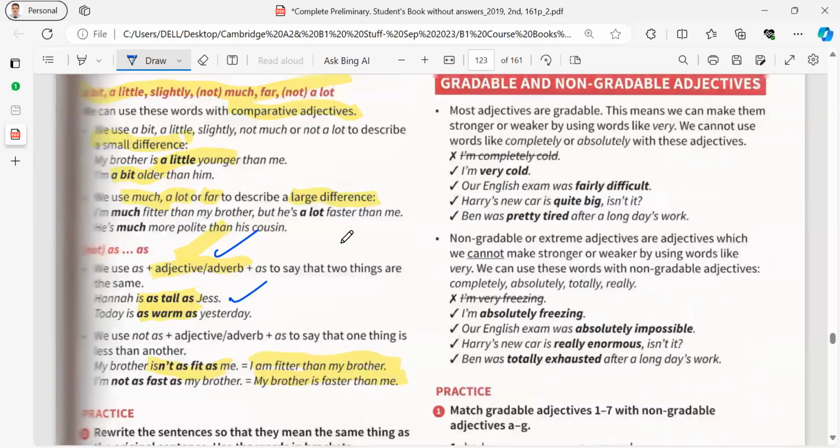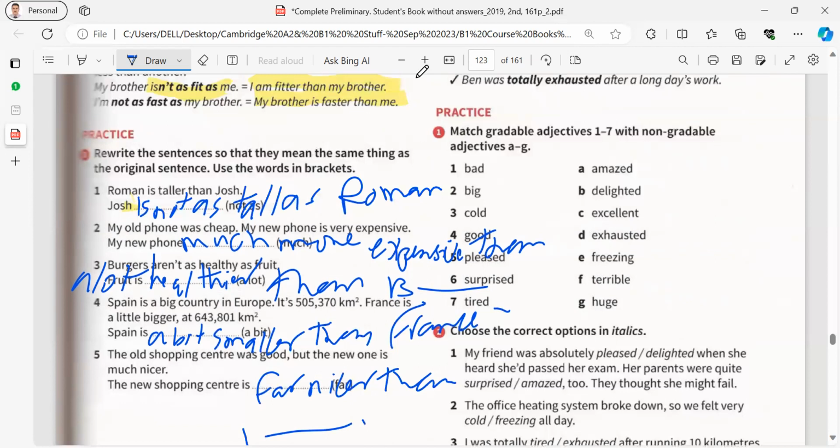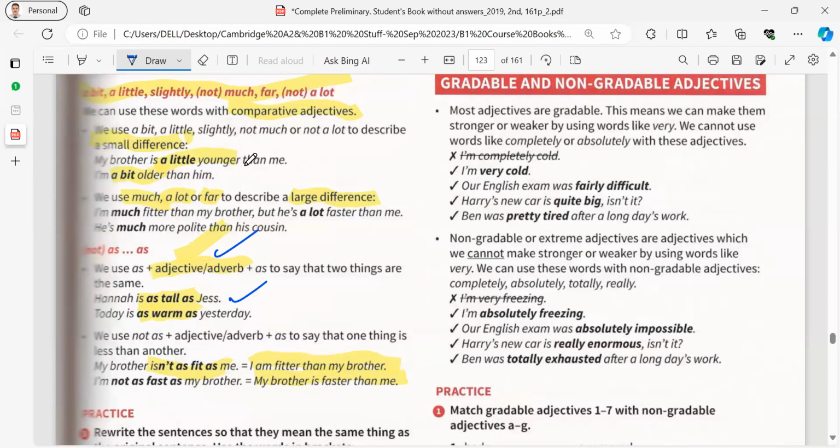Okay, Nawaf. So this is how to use a little, a bit, not much, slightly, or much, a lot, or far.